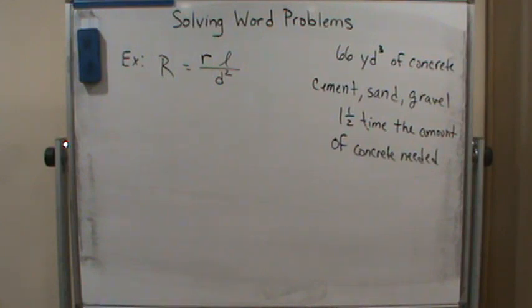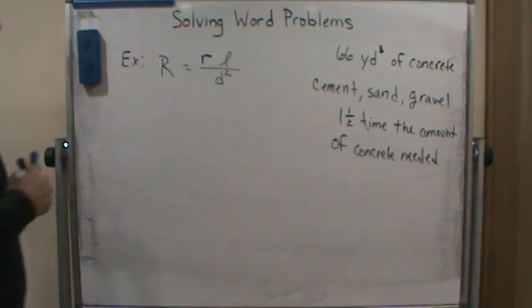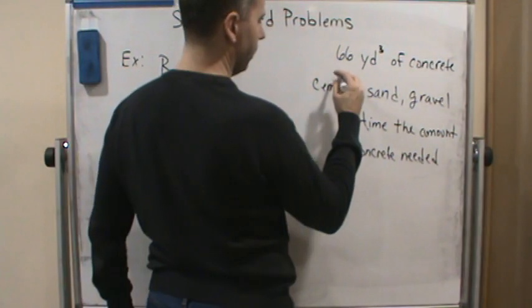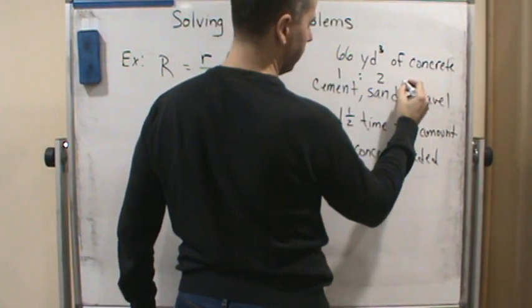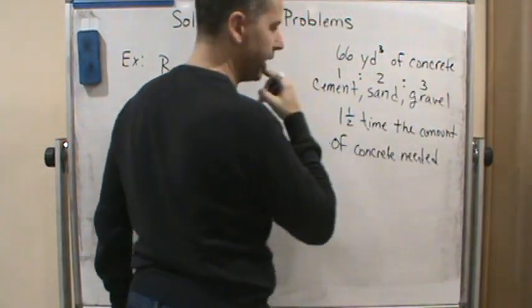Now it says, for this particular job, cement, sand, and gravel must be combined in the ratio 1 to 2 to 3. So it should be 1 to 2 to 3, which should be the ratios, right?